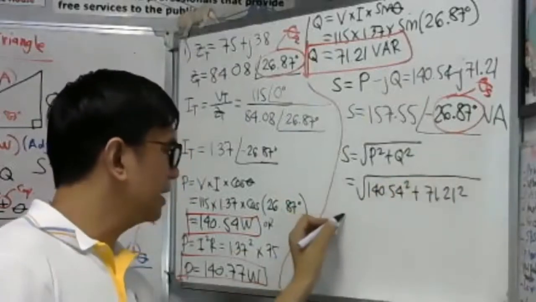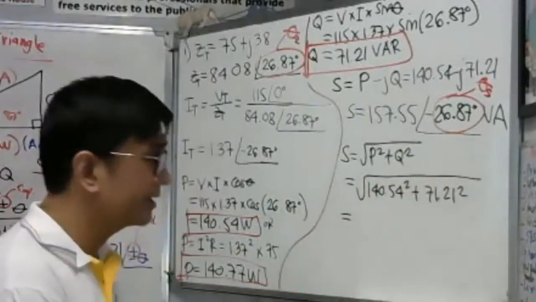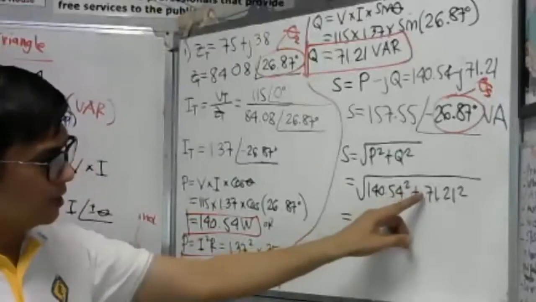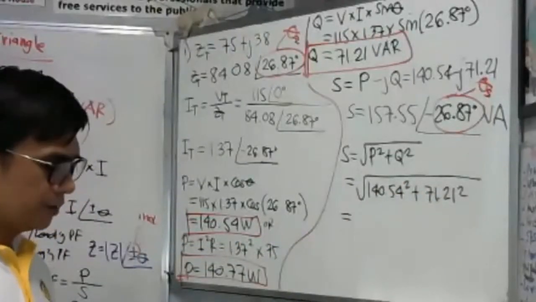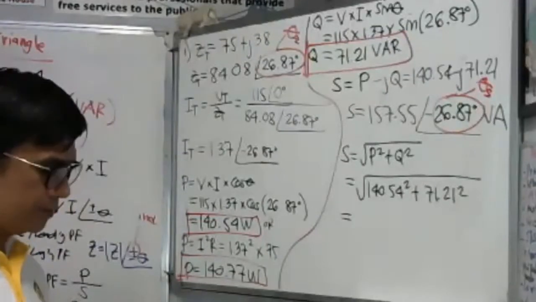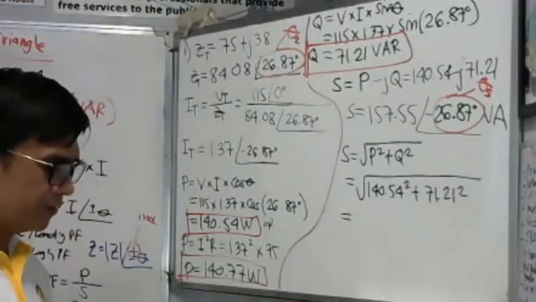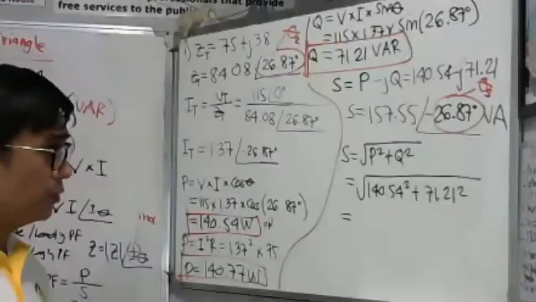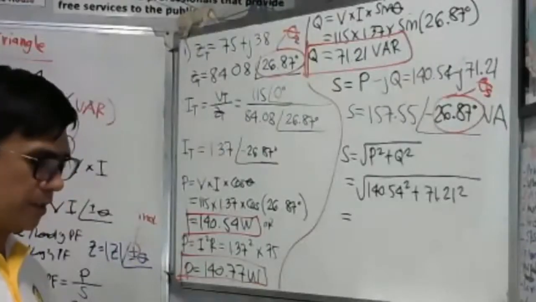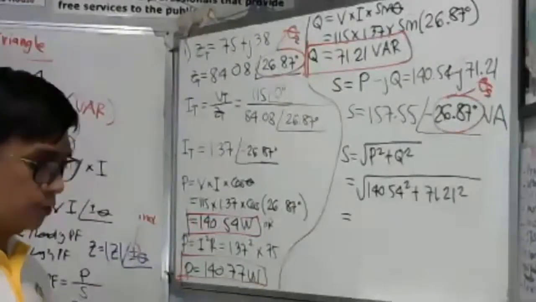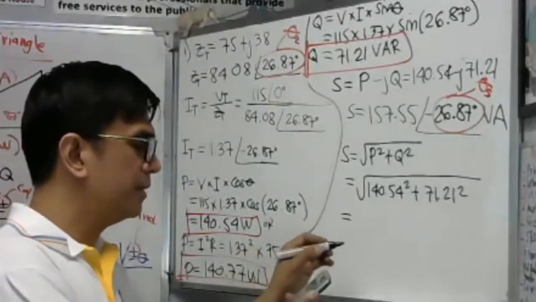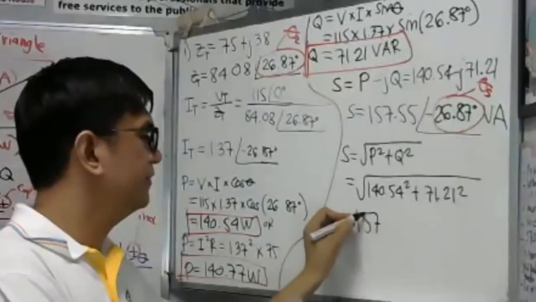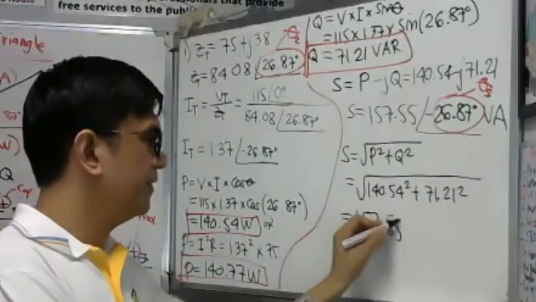Because it's only magnitude, it doesn't affect, since when you square a negative it becomes positive anyway. So we have here the square root of 140.54 squared, then plus 71.21 squared. Okay, that is equal to, still the same, 157.55 volt ampere.